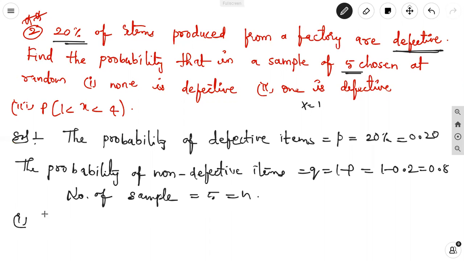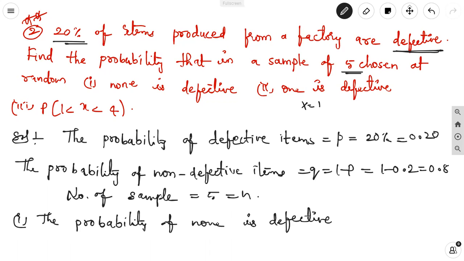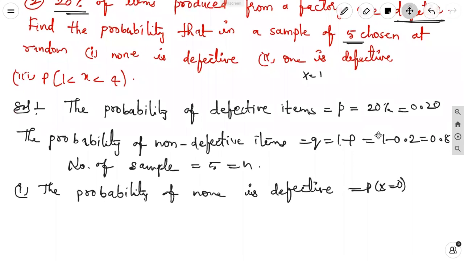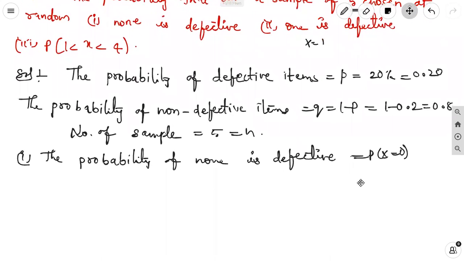In the first case, the probability of none is defective. That is nothing but P of x equal to 0. Here, in this defective, non-defective, only two cases are there. In that we are using the binomial distribution.